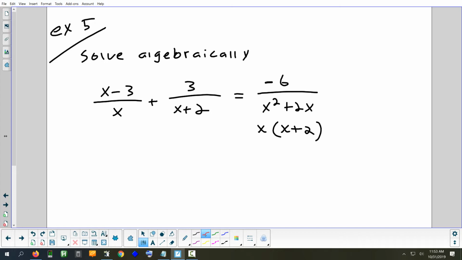What are they? What are my 2 factors here in this problem? Yep. X and X plus 2. You have an X here, an X plus 2 here. You have both there. What am I going to do with the X and X plus 2?